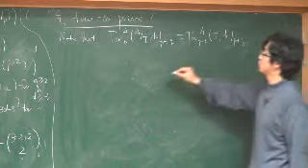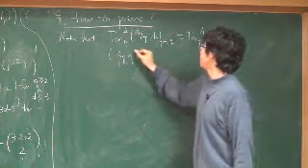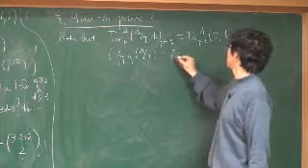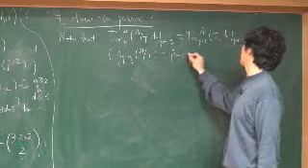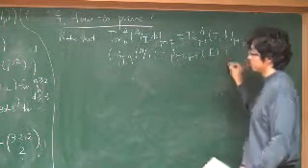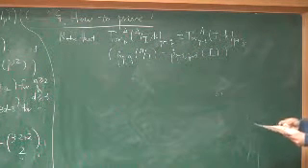This means beta_{p,q} of this one is equal to beta_{p-1,q+1} of these things. This is one thing I want to remark.